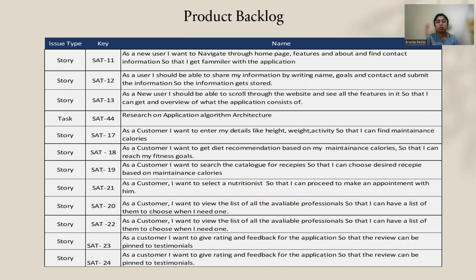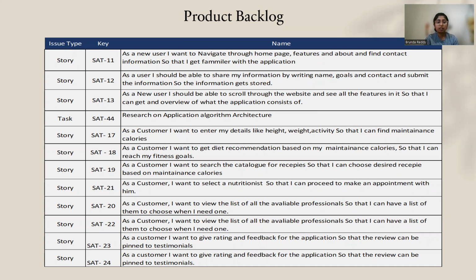Thank you, Satvik. So here is the product backlog where we have set different tasks and stories we have completed. Like, as a new user, I want to navigate through homepage features and find contact information so that I can get familiar with the application. Likewise, research on application algorithm architecture.